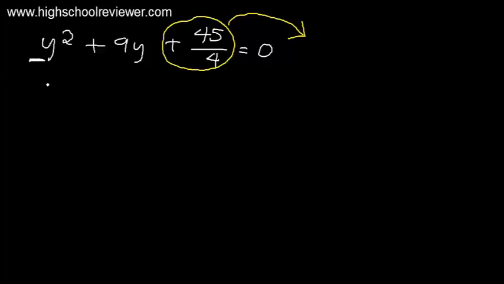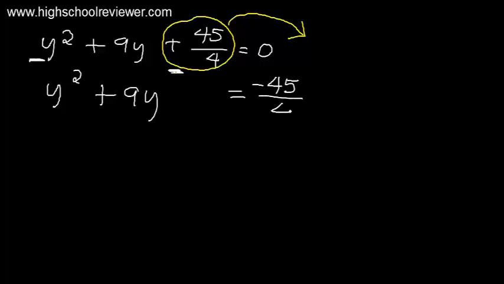We will have here y squared plus 9y equals. If we transpose positive 45 over 4 to the other side, this will change sign. It will become negative. So this will now be negative 45 all over 4. Okay, and then we are going to add here a third term to make it a complete square. The third term will be a fraction, and the numerator will be the numerical coefficient of our second term.